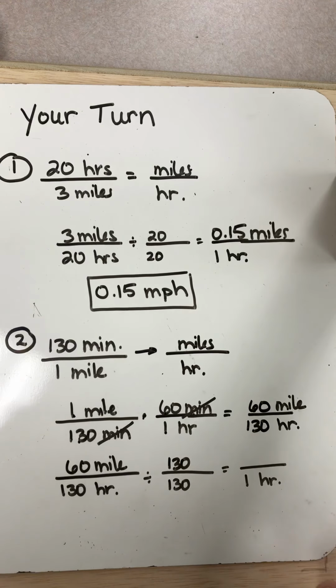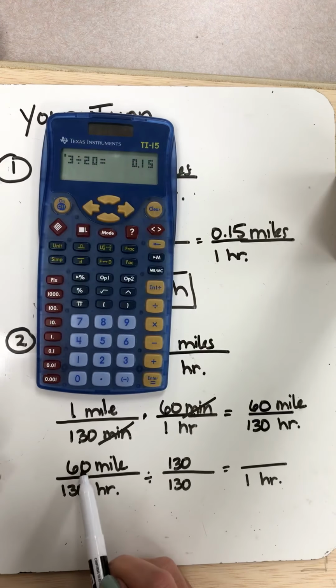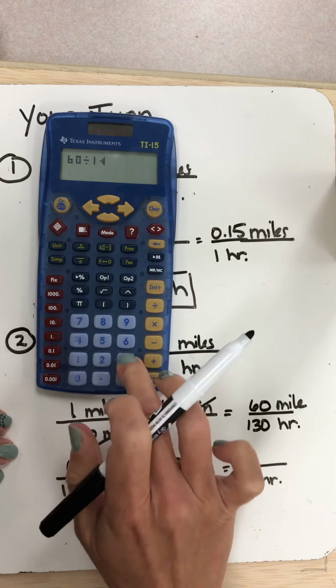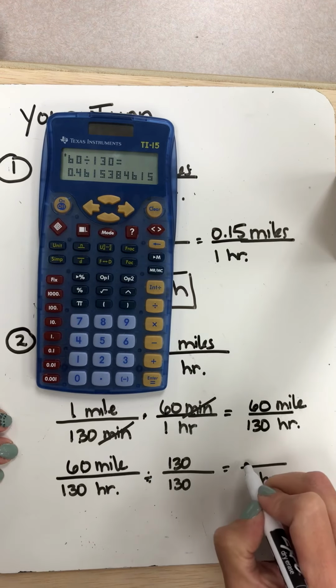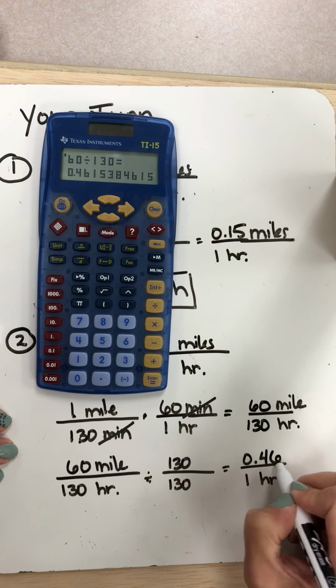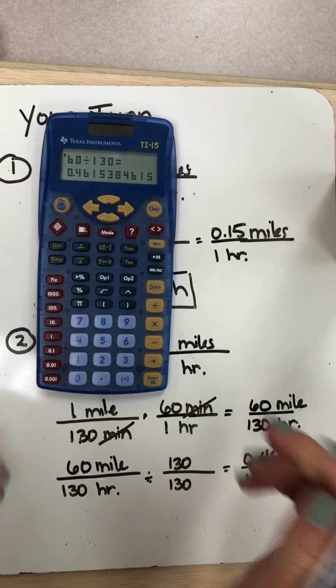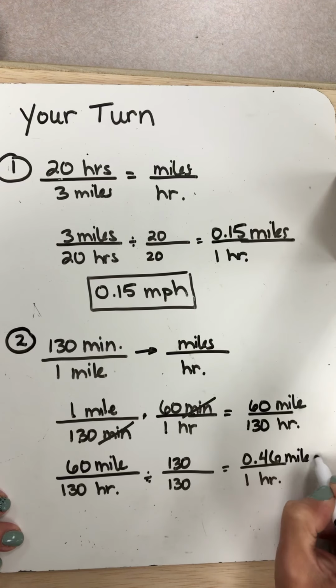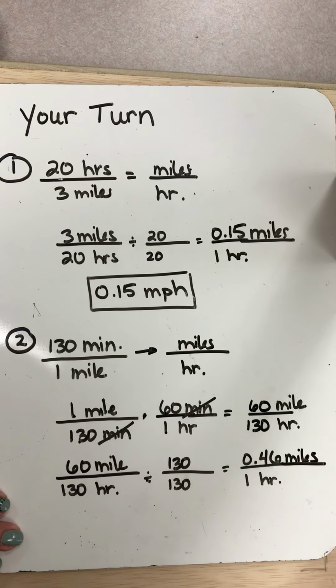So now I'm going to find my calculator. 60 divided by 130 is 0.46. I'm rounding to the nearest hundredth, so 2 decimal places. 0.46, and that is miles per 1 hour.